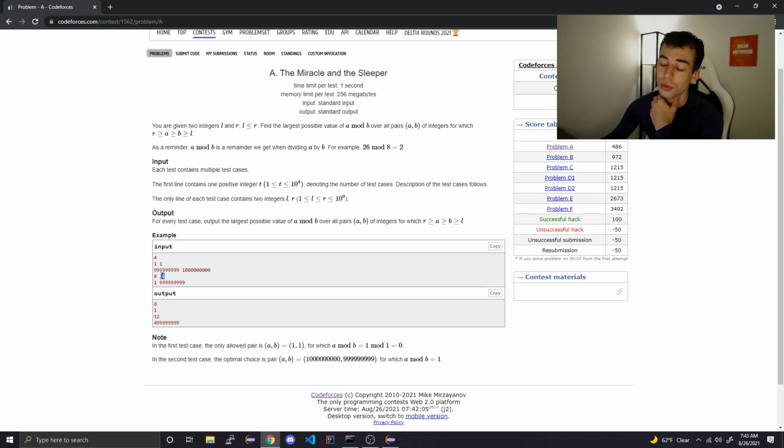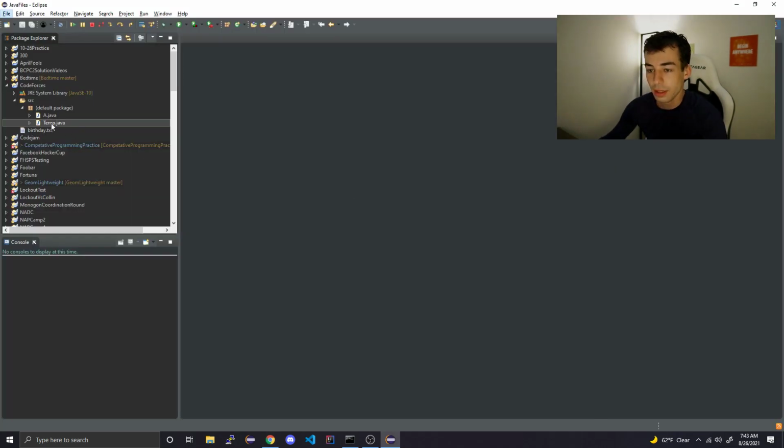So I guess that's not true. So we probably want to make B as big as possible and then A 1 less than half of it if possible. So 26 and 14 would be 12. Yeah, okay. Makes sense, I think.